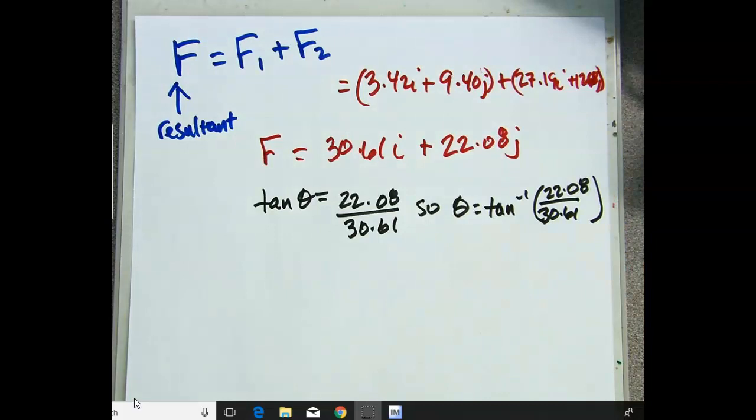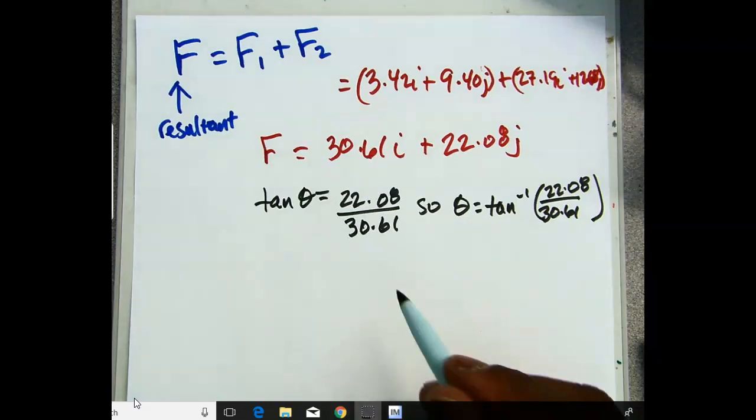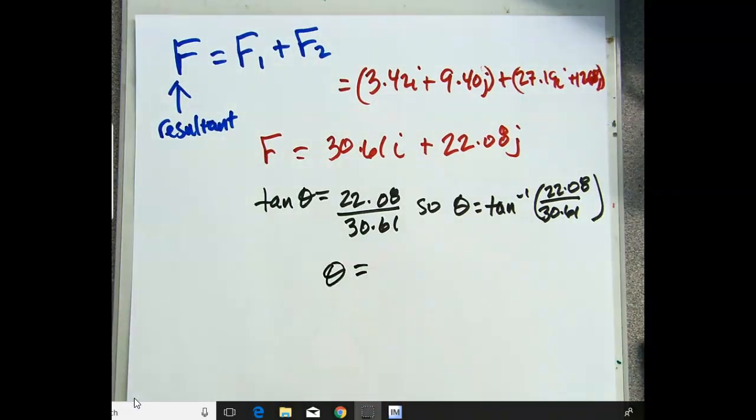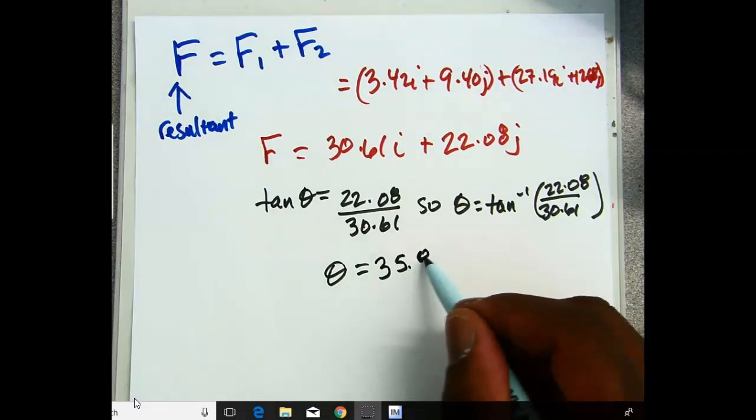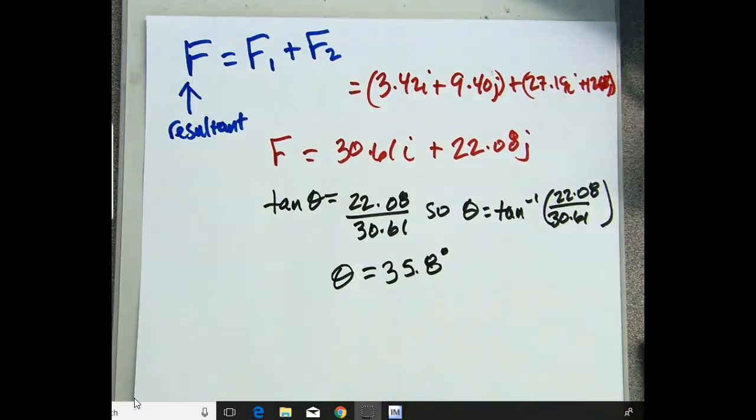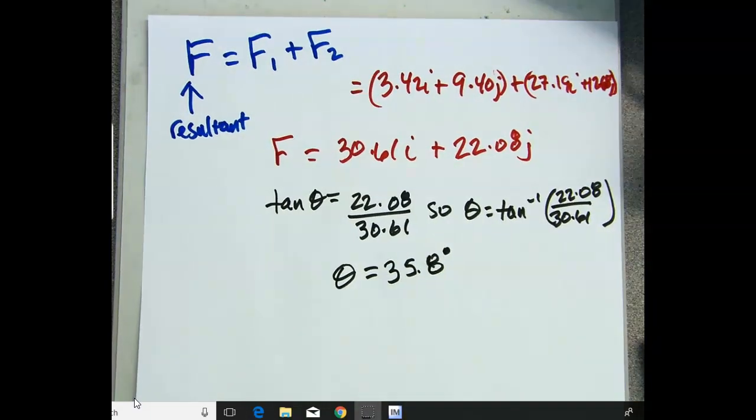What is angle theta? Okay, 35.8 degrees. So angle theta is 35.8 degrees.